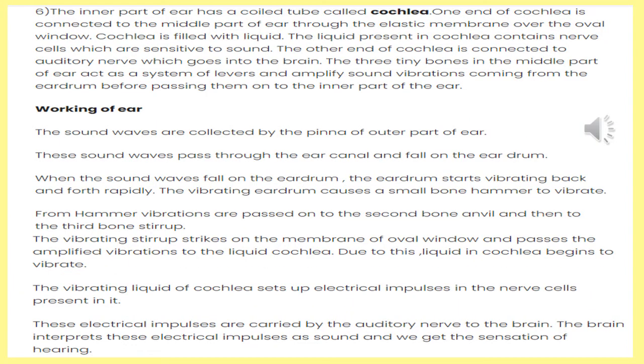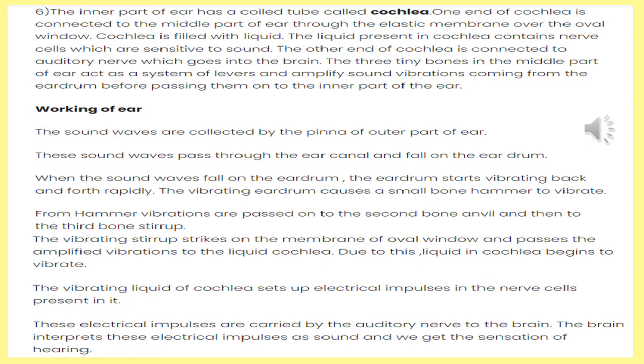The inner part of the ear has a coiled tube which is known as the cochlea. One end of the cochlea is connected to the middle part of the ear through the elastic membrane over the oval window. The cochlea is filled with liquid. The liquid present in the cochlea contains nerve cells which are sensitive to sound.